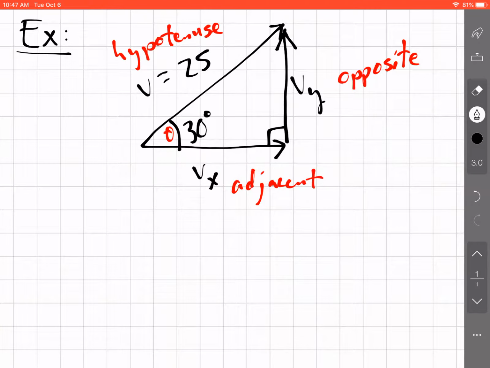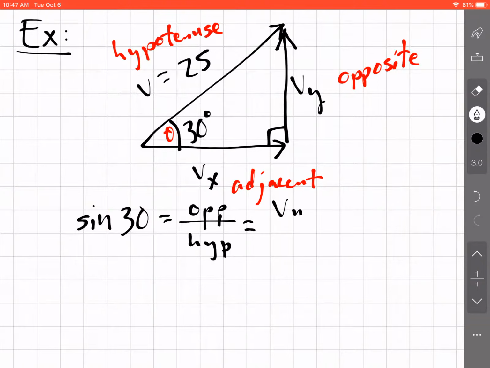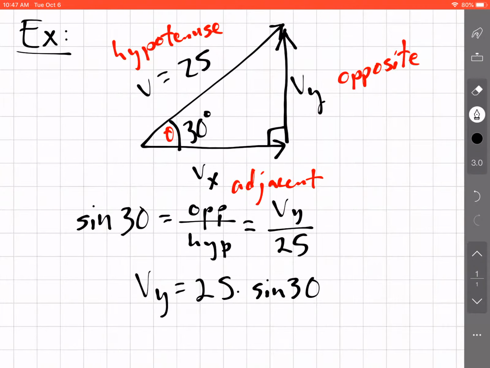So sine of 30 is going to be the opposite over the hypotenuse, so sine of 30 would be Vy divided by 25. Rearranging, multiplying both sides by 25, Vy equals 25 times sine of 30.